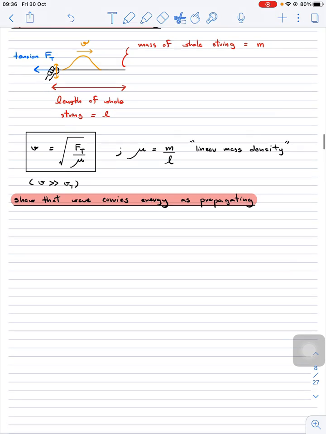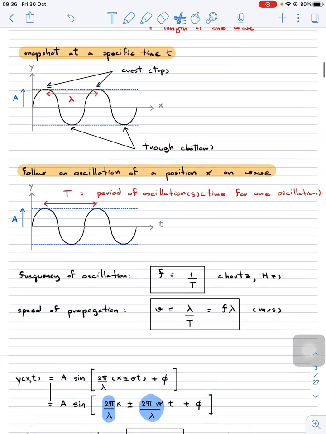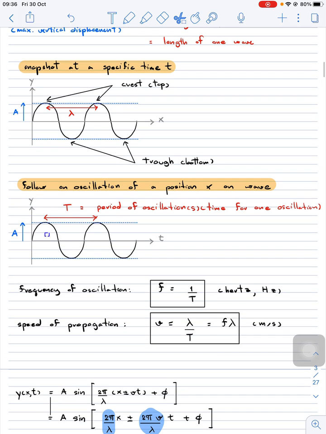So let's consider an element on the string. Let me just make a copy here.